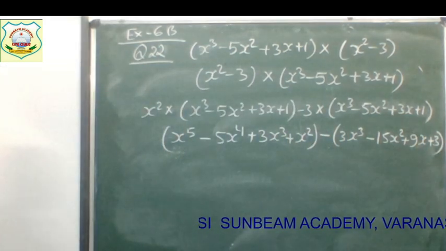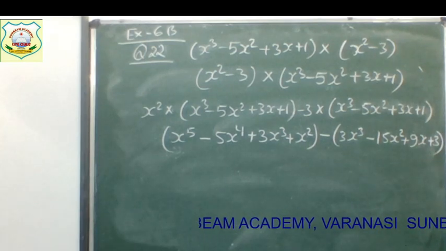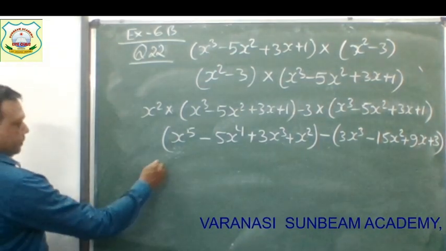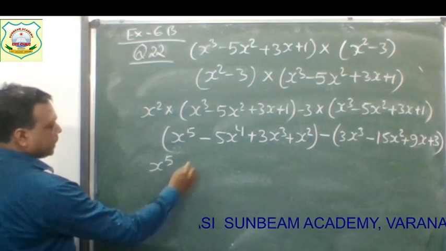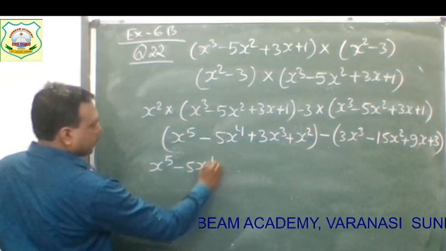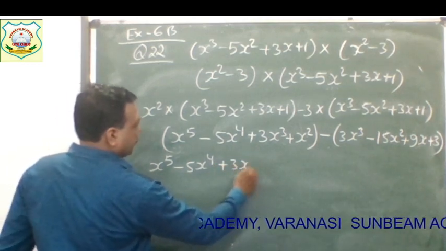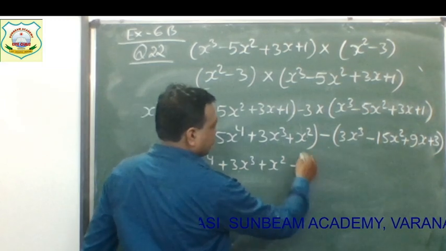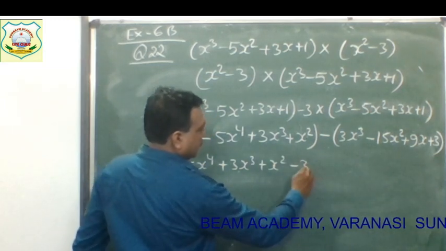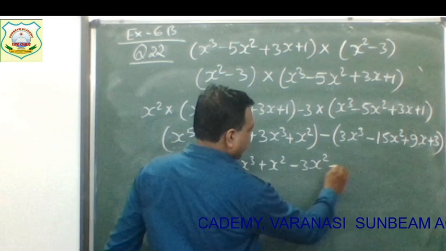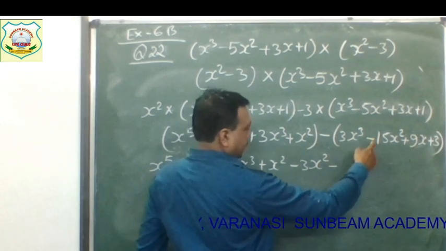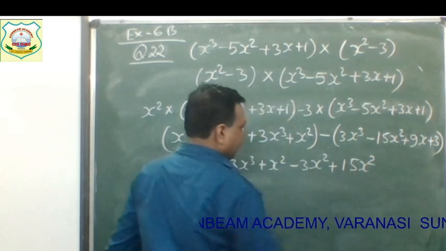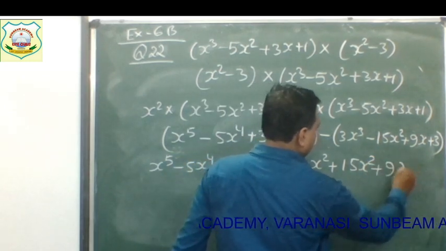What we will do, students? Now we will open the bracket. So now going to open the bracket, students. x power 5 minus 5x power 4 plus 3x cube plus x square minus 3x cube, minus here will be plus 15x square and plus 9x.